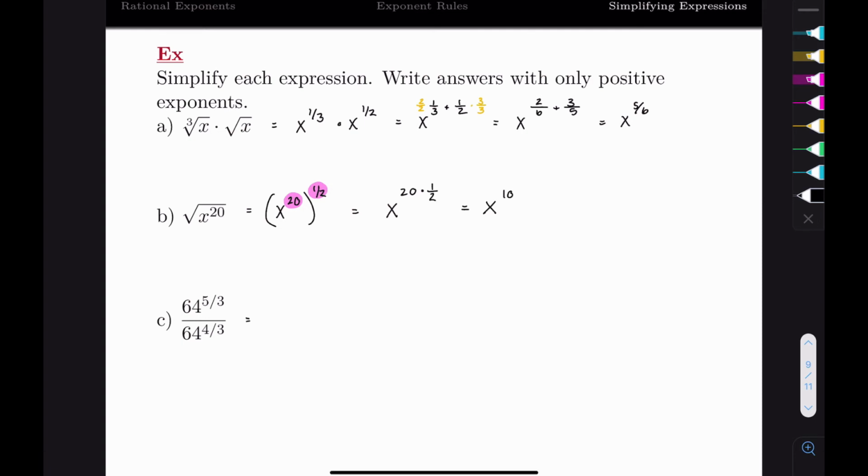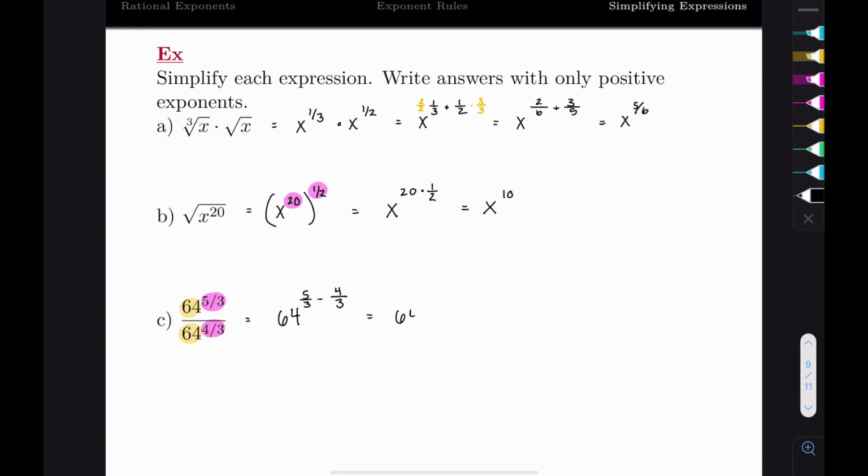For this next one, we actually have a number as a base. So we have 64 to the 5/3 over 64 to the 4/3. So since they are exactly the same base, we go ahead and we subtract the exponents. So it'd be 64 to the 5/3 minus 4/3.